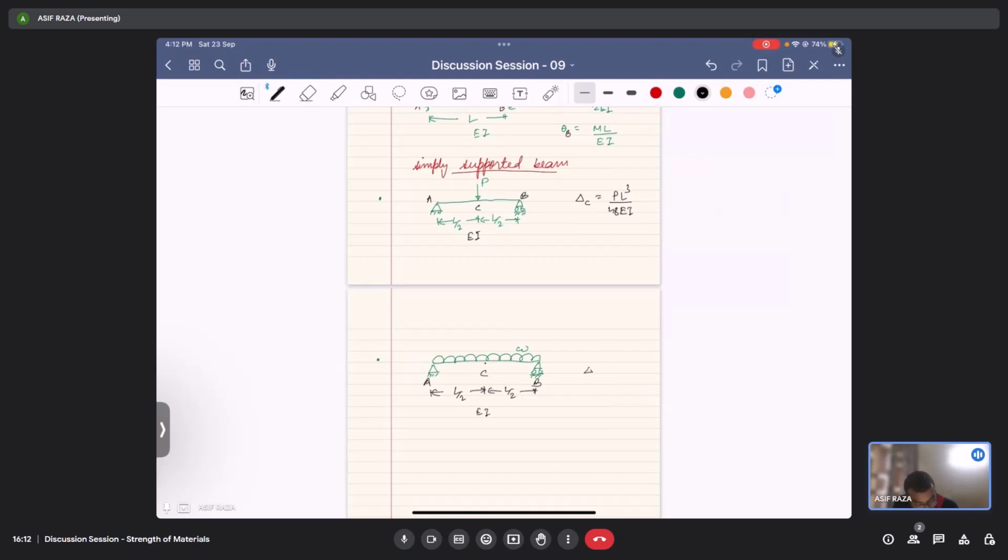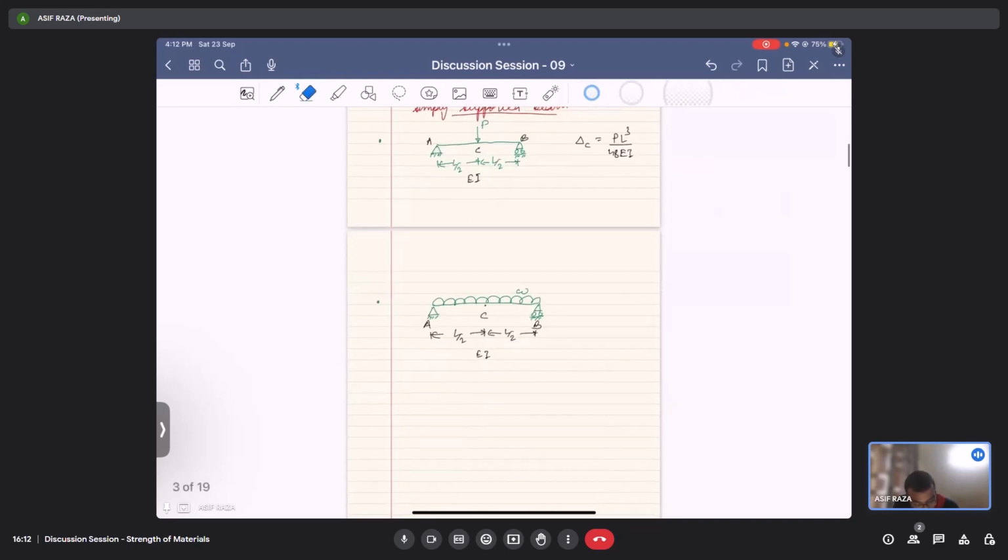In this case, delta C, the deflection at the midpoint, is equal to 5WL4 by 384EI.